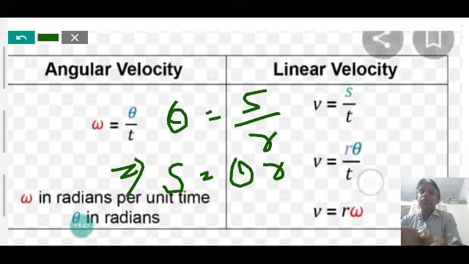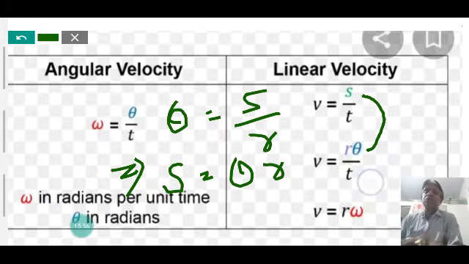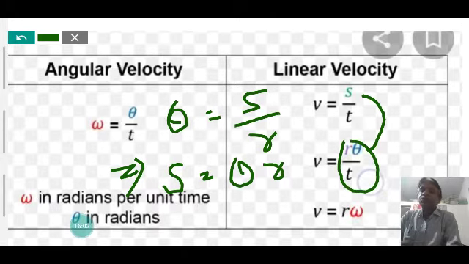So s is equal to theta r, and v is equal to theta r by t. Now theta by t is equal to omega, so v is equal to r into omega. So the linear velocity is equal to angular velocity into the radius.